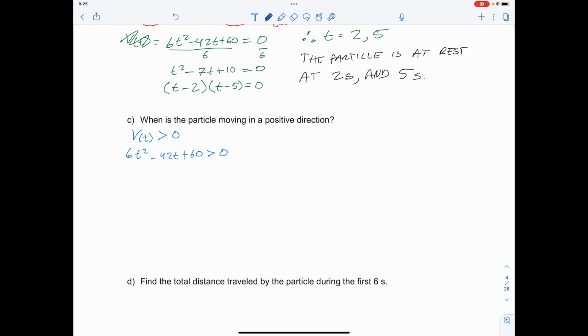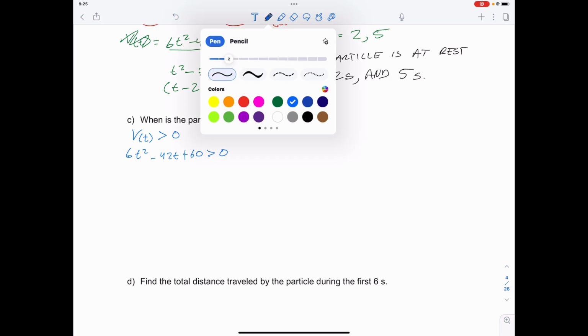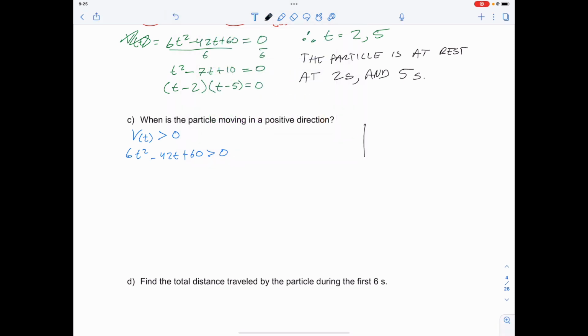We can algebraically approach this by doing sign analysis, case analysis, or interval study. Or we can do this graphically. Just for the sake of time, I'm going to do this graphically, and I know that I have a quadratic. That quadratic has a positive a value, so it's going to be moving upwards. And it has x-intercepts that we already solved from the previous example, at 2 and at 5.